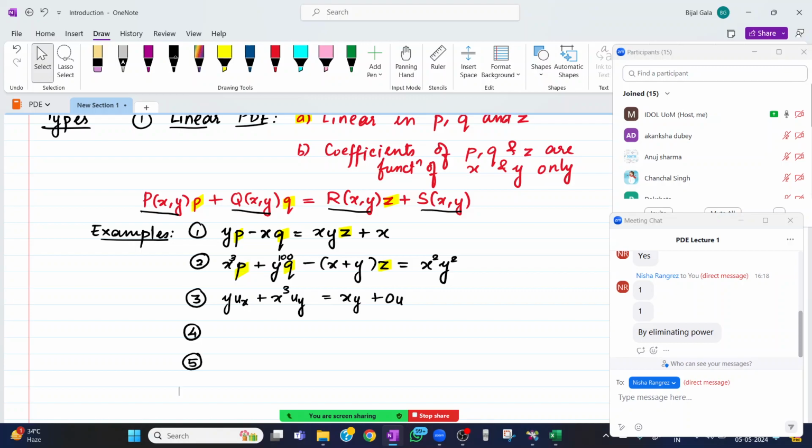You can use z, you can use u. Yes, students, no examples?